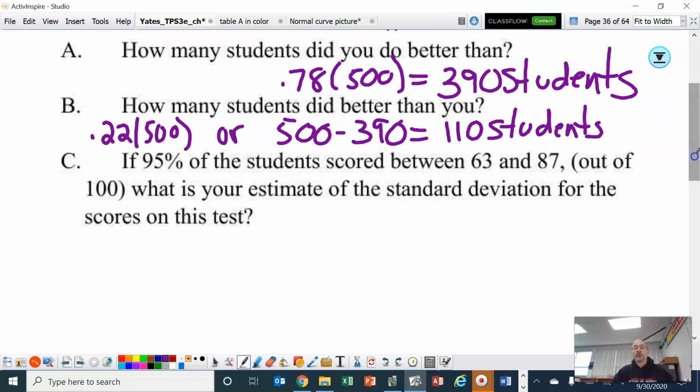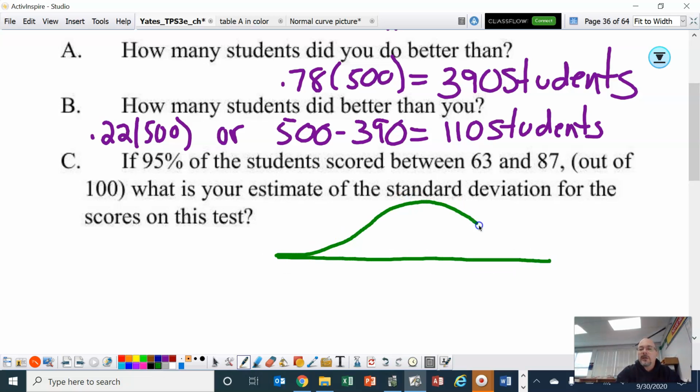Now we're going to get into some real algebra. So here we go. 95% of the students scored between 63 and 87. Folks, I need to visualize that. So I'm going to do this. I know 0 is in the middle, and 1, 2 below, 1, 2 above, 3 below, 3 above.